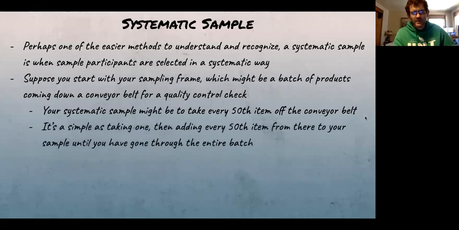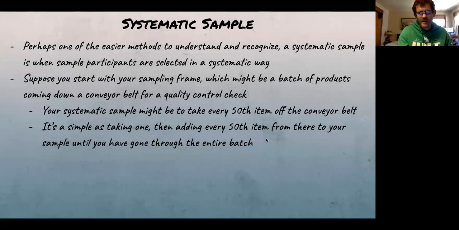Well, you start with one, just a random one maybe, and then from there you count every 50th one and you take it off. Count to 50, take that one off. Count to 50, take that one off, and you get the idea. You do this until you've gone through the entire batch.